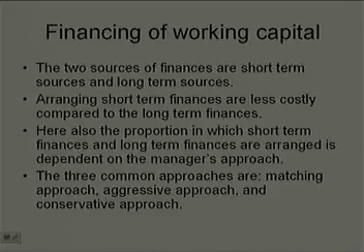In general, arranging short term finances is less costly compared to long term finances, right. So, normally, depending on how much is your permanent part and how much is your variable part of the working capital, you decide on the proportion: this much I am going to borrow from my long term sources and this much from the short term sources.